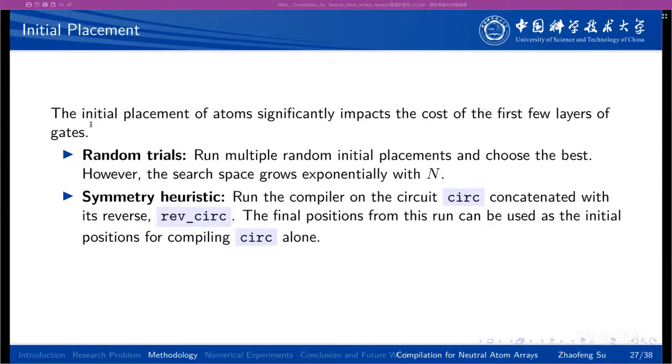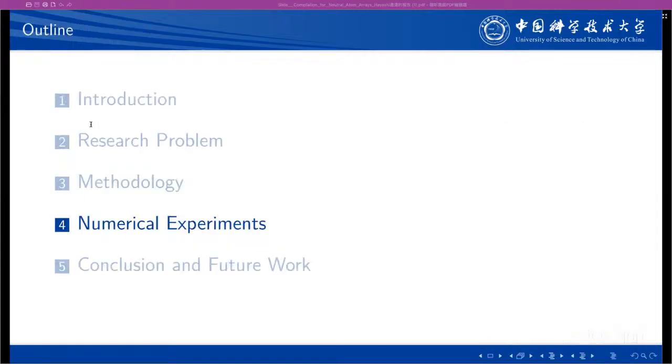But for our current situation, these two strategies do not perform very well. We need to find more clever strategies for the initial placement. Okay, and then I will show the performance of the three algorithms.